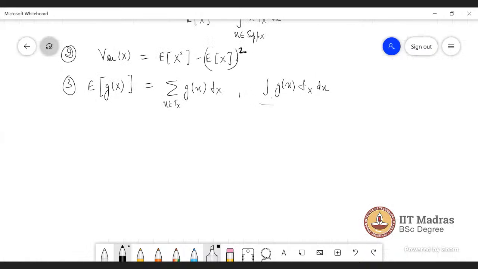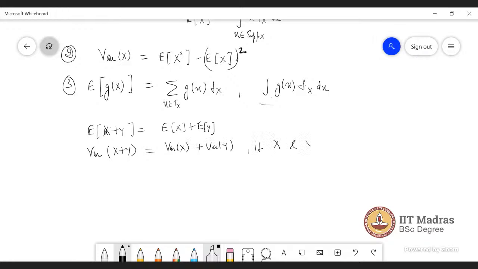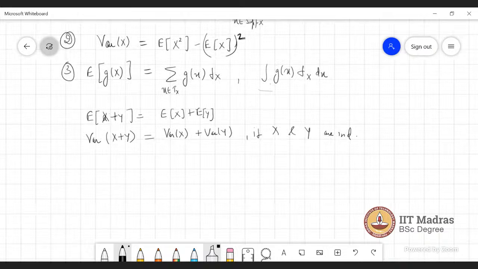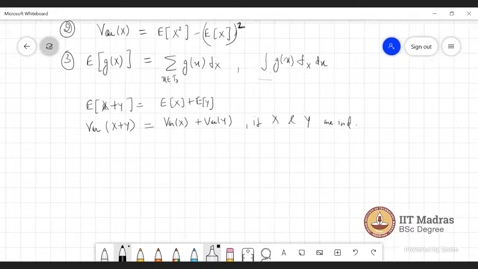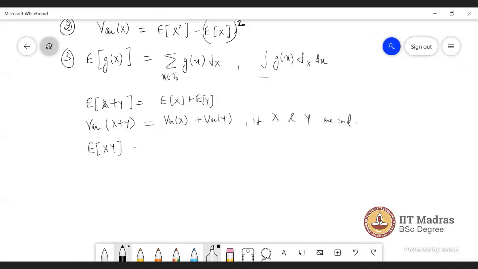Now a few properties. Expectation of X plus Y is always equal to expectation of X plus expectation of Y, but variance of X plus Y is equal to variance of X plus variance of Y only if X and Y are independent. Third, expectation of X into Y is equal to expectation of X into expectation of Y only if X and Y are independent.